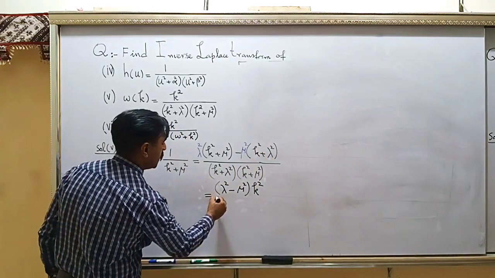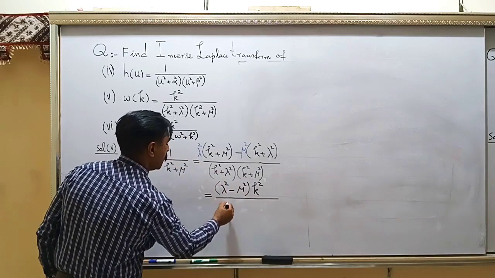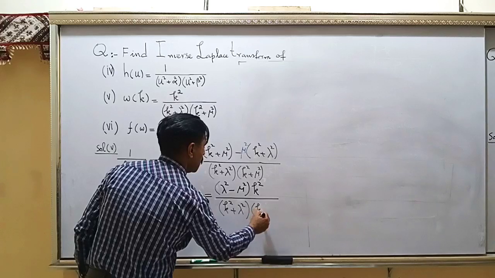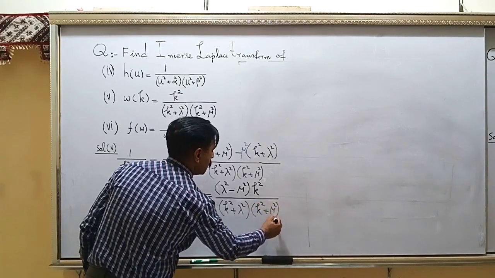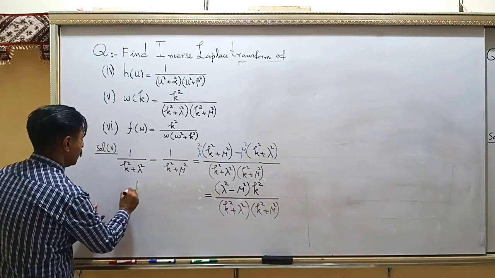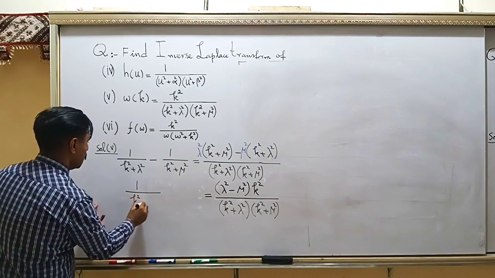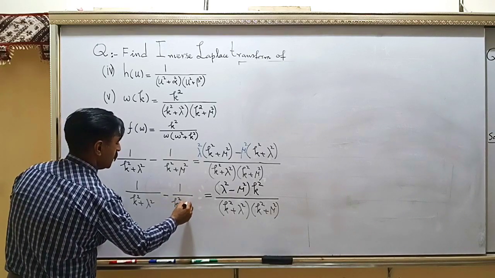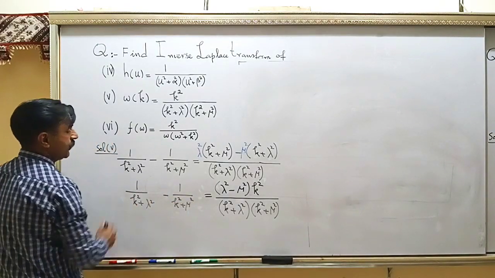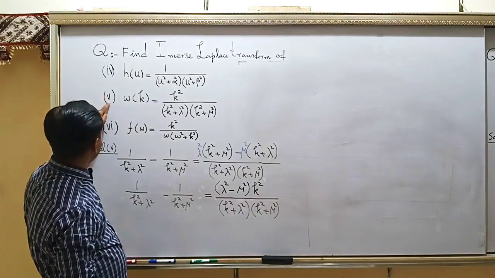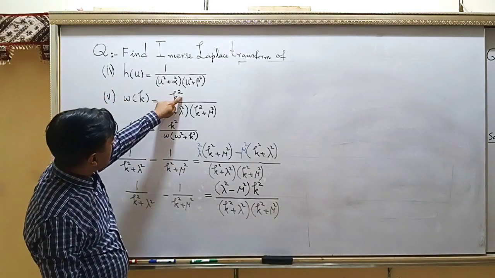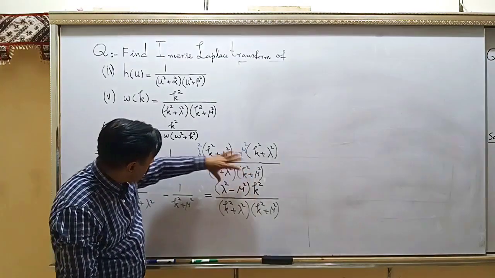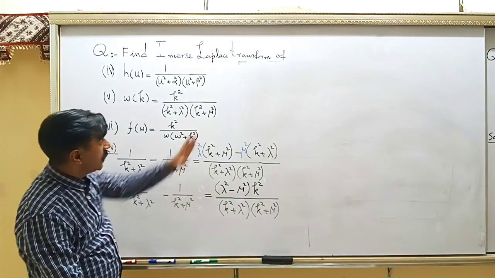So you have this in the numerator, and the denominator is same, no change, k square plus mu square, and the left hand side is again same, no change here, k square plus lambda square minus this k square plus mu square. Now look, in the given function for question number 5, you have k square in the numerator only, this part is extra, so you can move this constant on the left hand side, right? Let's do this in the next step.